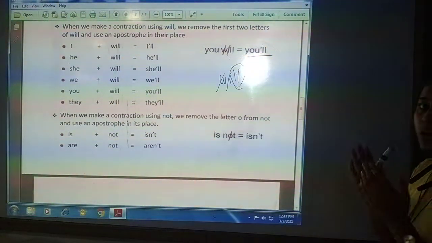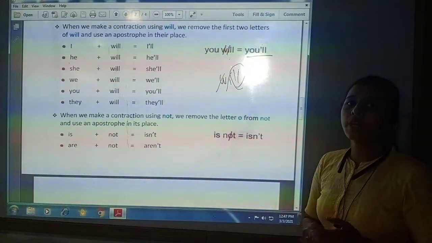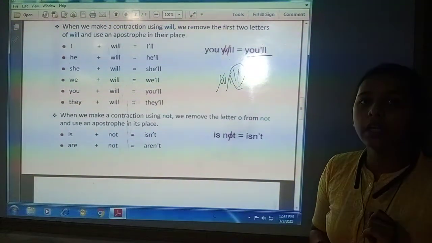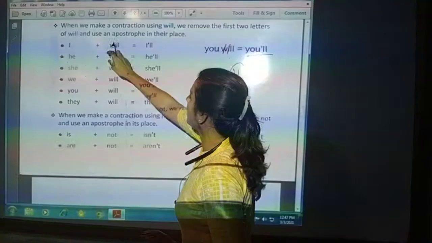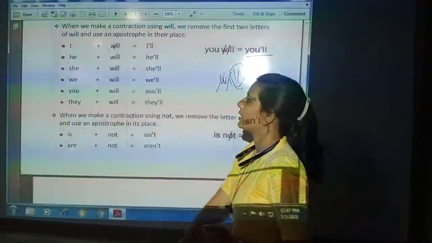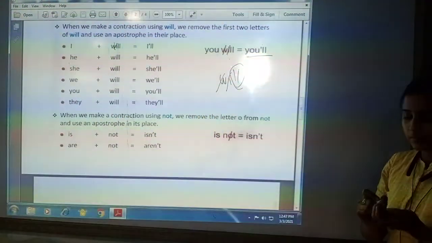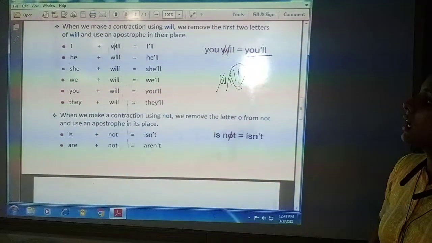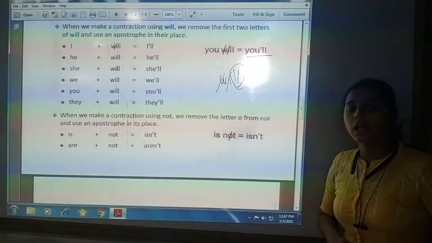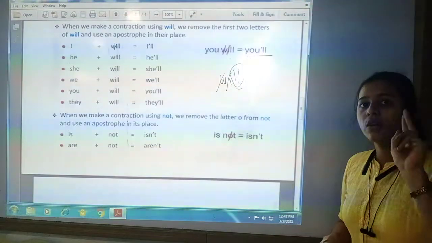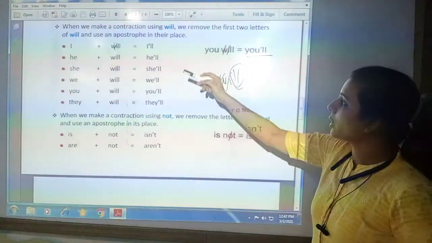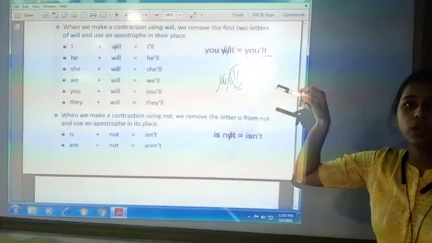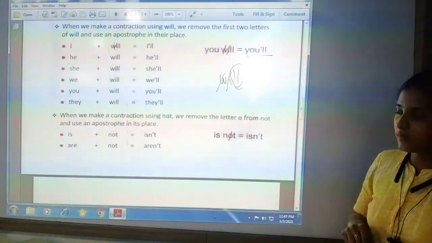I plus will. So it will be I apostrophe double L, I'll. We have removed the first two initial letters of will. Next is he plus will. Will is the second word. The first two initial letters W, I will be removed and the new contraction will be he apostrophe double L, he'll.